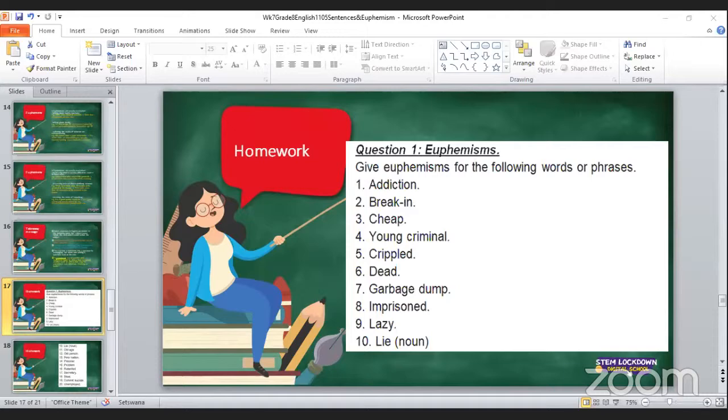So there are the first 10 euphemisms. Please take a screenshot. These are the euphemisms for your homework, and tomorrow before the beginning of the lesson we'll go through corrections.